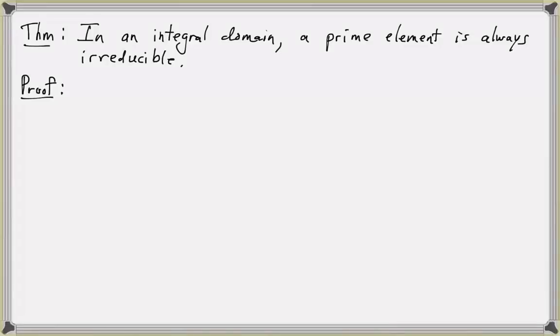Let's suppose that P is prime and let's write P as the product A times B. So in order to show that P is irreducible, we must show that either A or B is a unit.